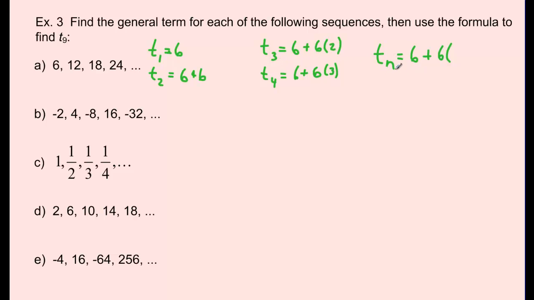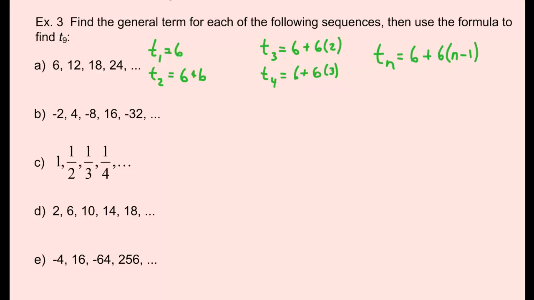So if my term number for the general term is n, I want to multiply n minus 1, or 1 less than the term number that I'm looking for. So for T5, for example, I would take 6 and add it to 6 times 4, because 5 minus 1 is 4. And that would fit the pattern with the rest of it. So Tn is equal to 6 plus 6 times n minus 1.